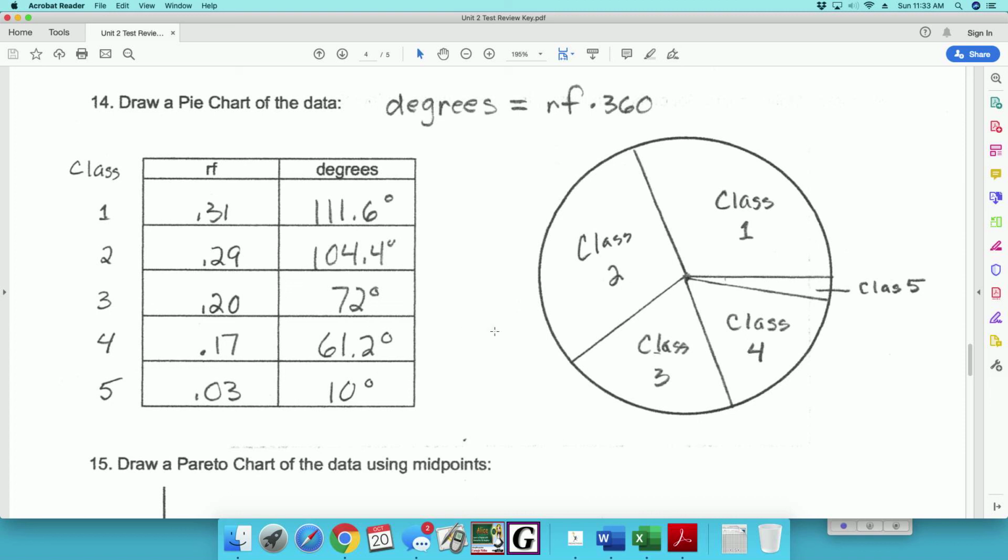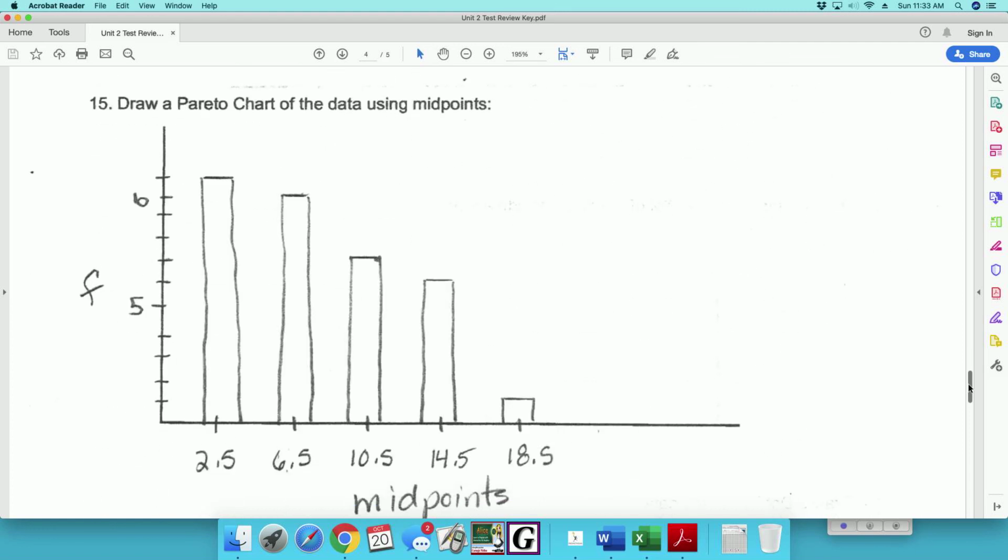All right, now we're going to draw a Pareto chart. A Pareto chart using midpoints is just largest to smallest, which for our data works out great because it's already in largest to smallest: 11, 10, 7, 6, 1. But don't count on it being in descending order for the test.